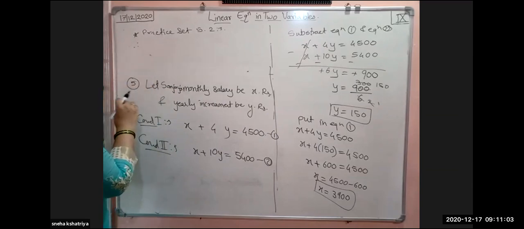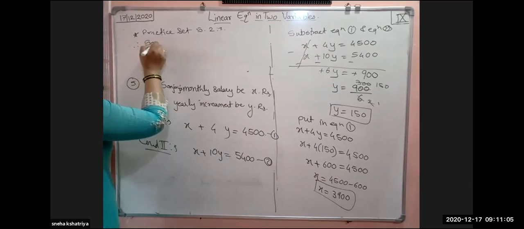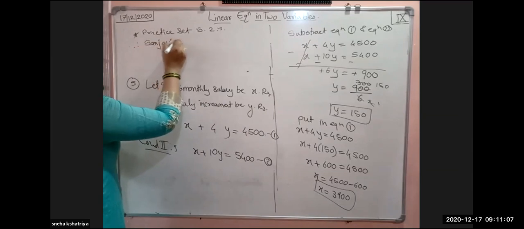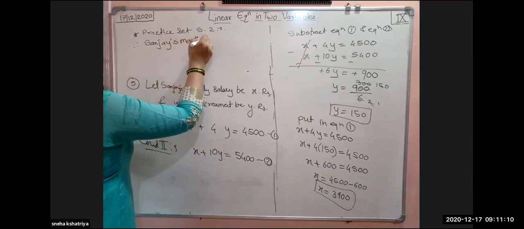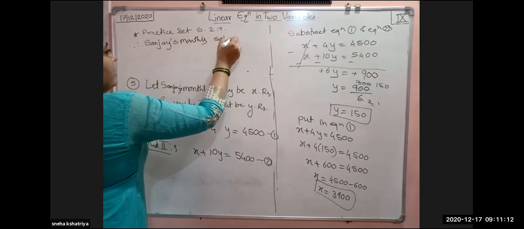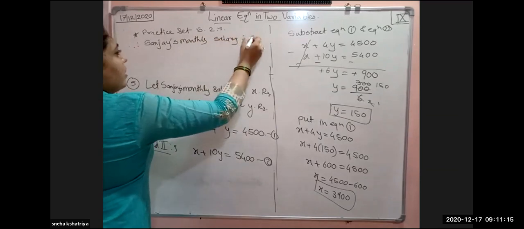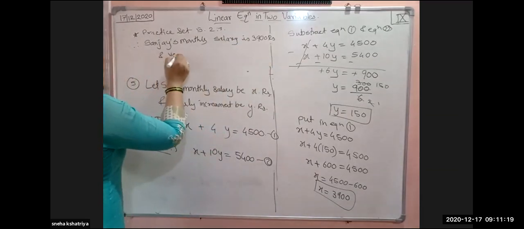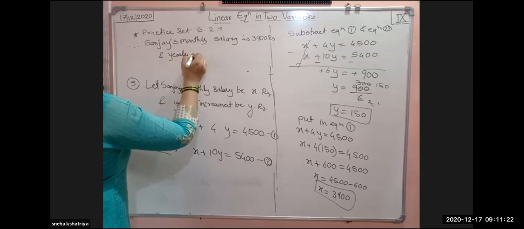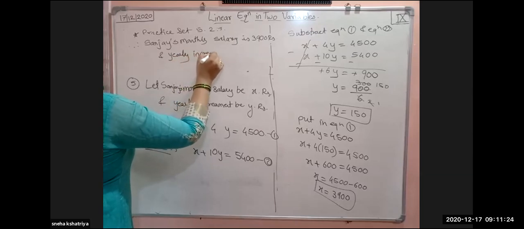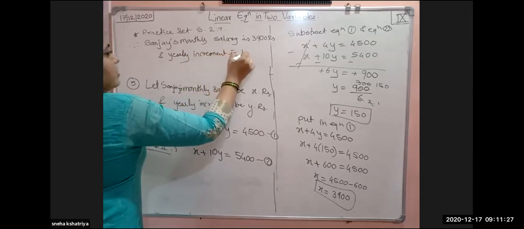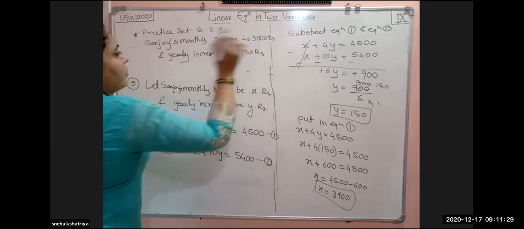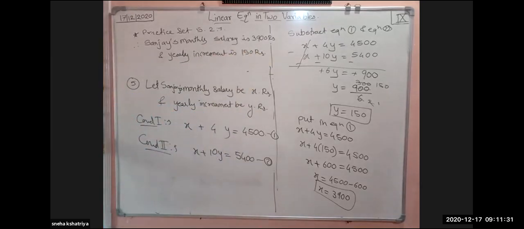Therefore, you can lastly write down: Sanjay's monthly salary is 3900 rupees and yearly increment is 150 rupees.